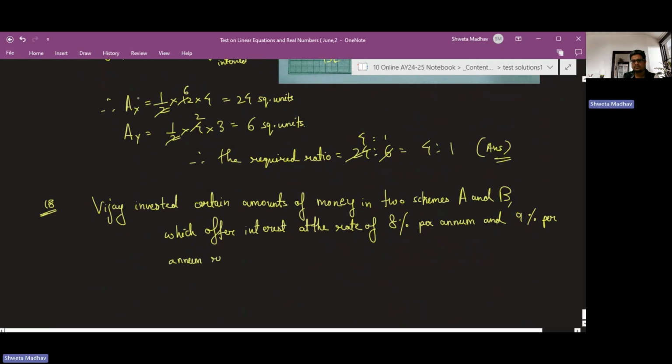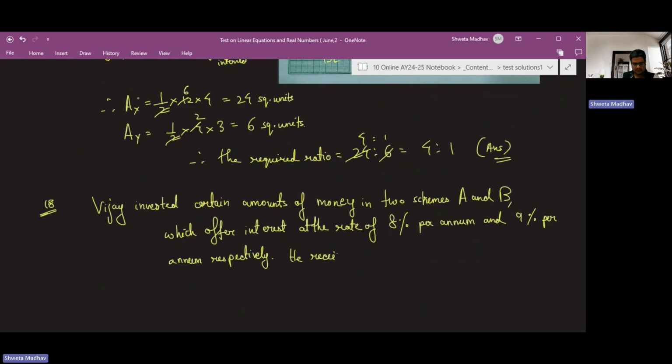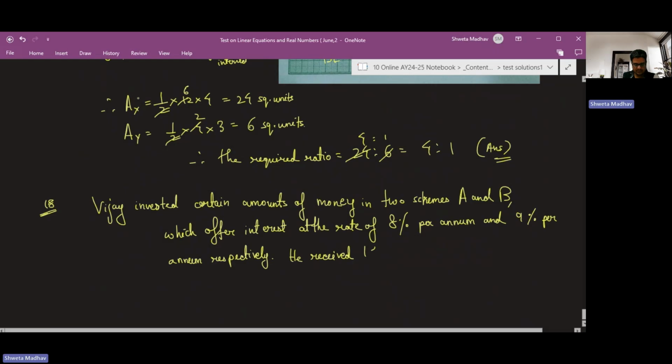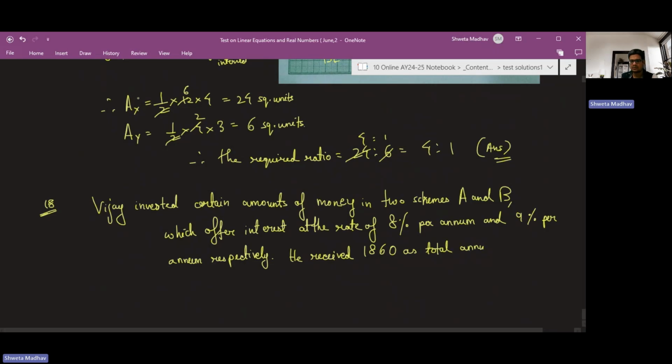Then he received 1,860 rupees as the total annual interest.